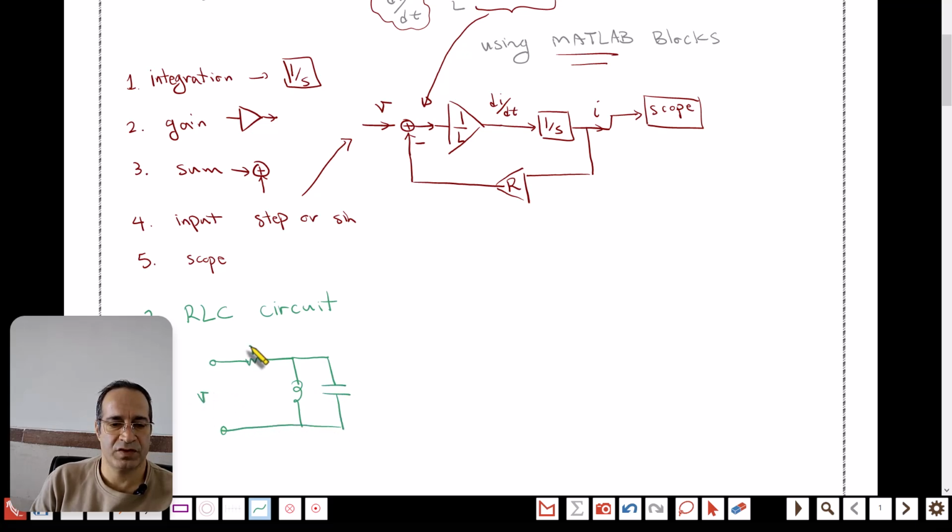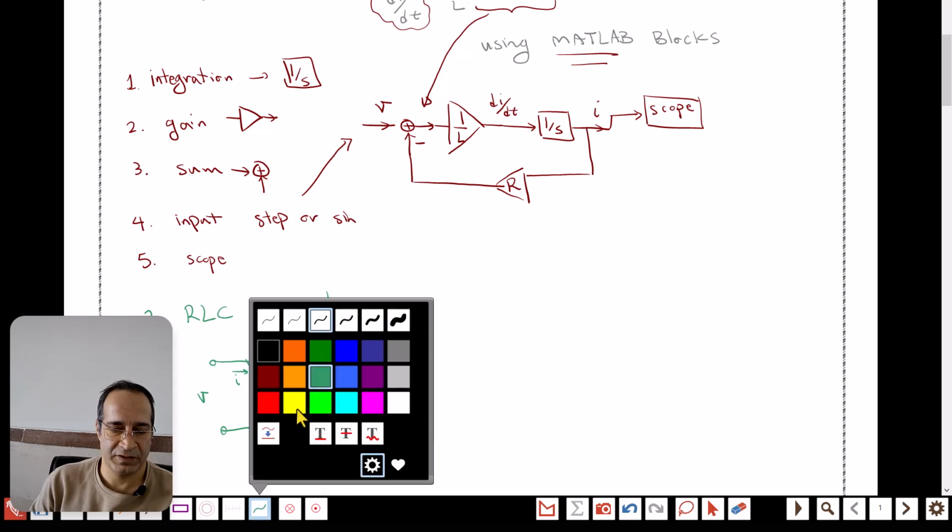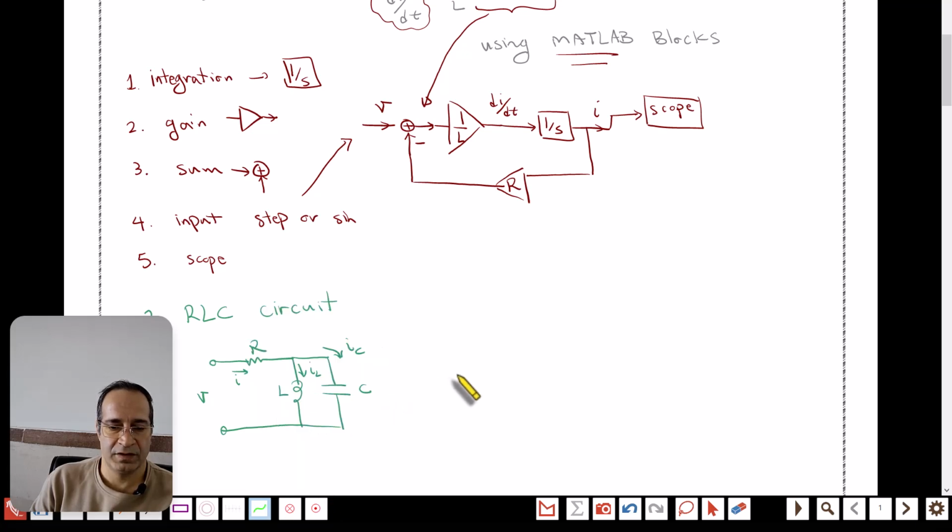V input, R, L, and C. I have IC, IL, and I over here, and the voltage over here is plus minus VC.